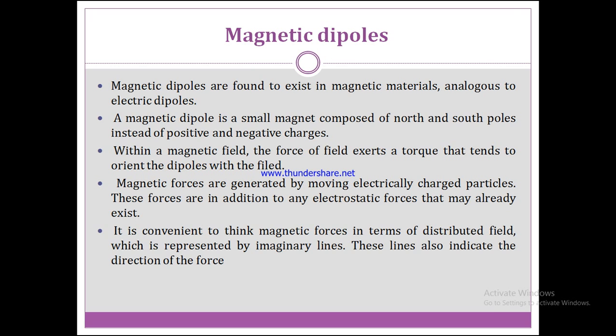With the magnetic field, the force exerts on that material and tends to orient the dipoles within that field. The magnetic forces are generated by moving electrically charged particles; these forces are in addition to the electrostatic forces applied to that magnetic material.